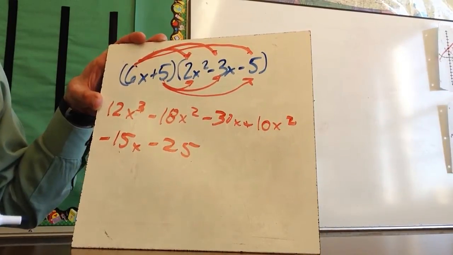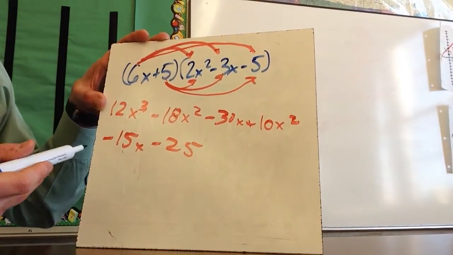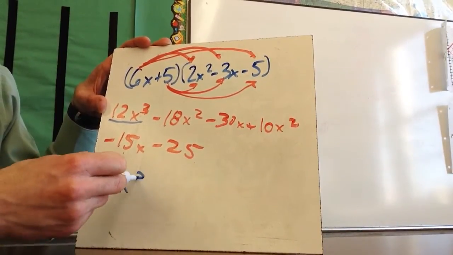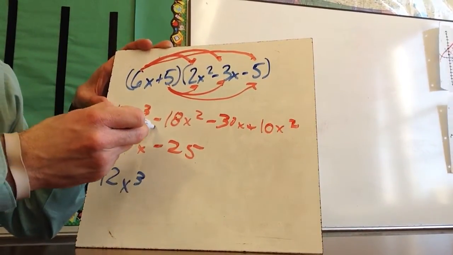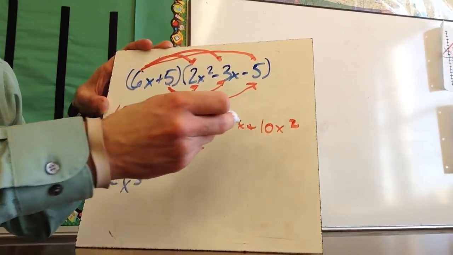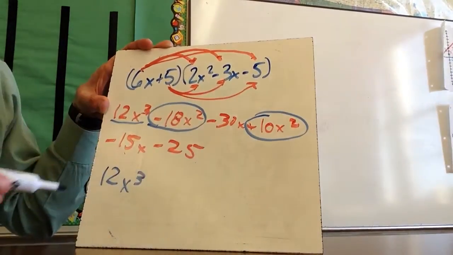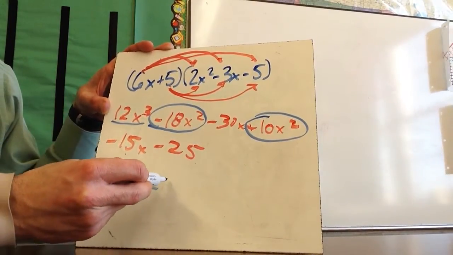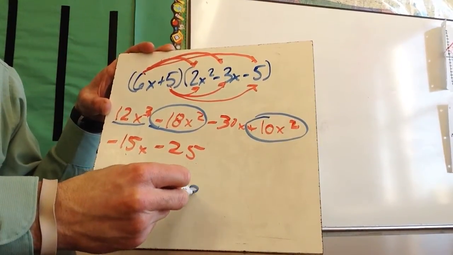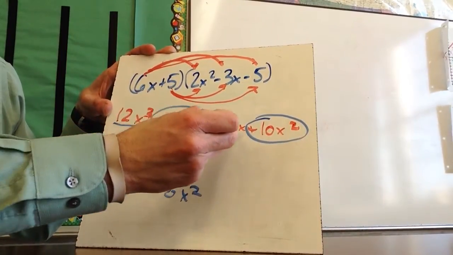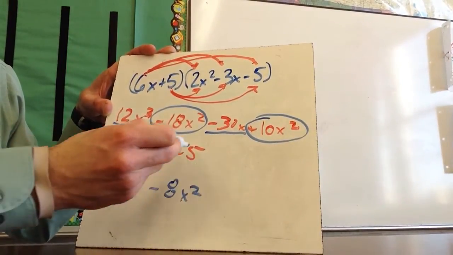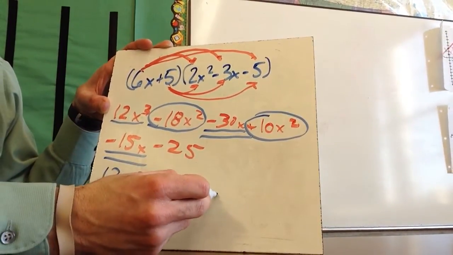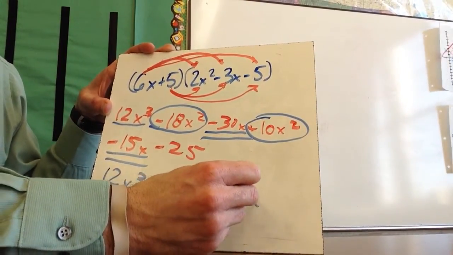So now when you start combining like terms, the ones with variables they have in common, I got this 12x cubed. Remember that the signs are going to stay with us. This is negative 18 plus 10, so minus 8x squared. And then minus 30x minus 15x becomes negative 45x.